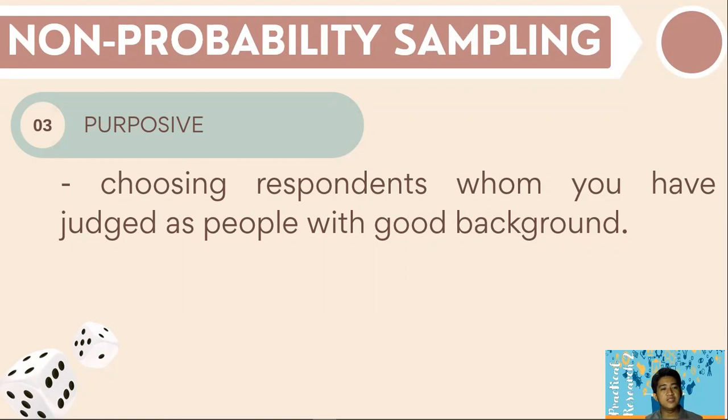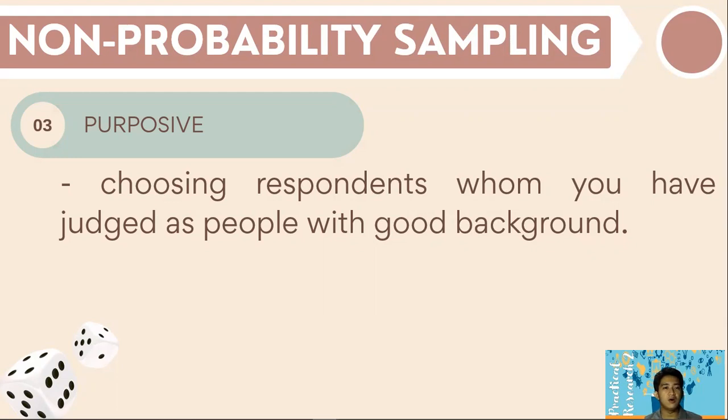If it's non-randomized, therefore it's non-probability sampling, then it will fall under non-experimental research. Both non-experimental and experimental research need to have a sample size, because you are not going to do your experiment or research with a big number of population.